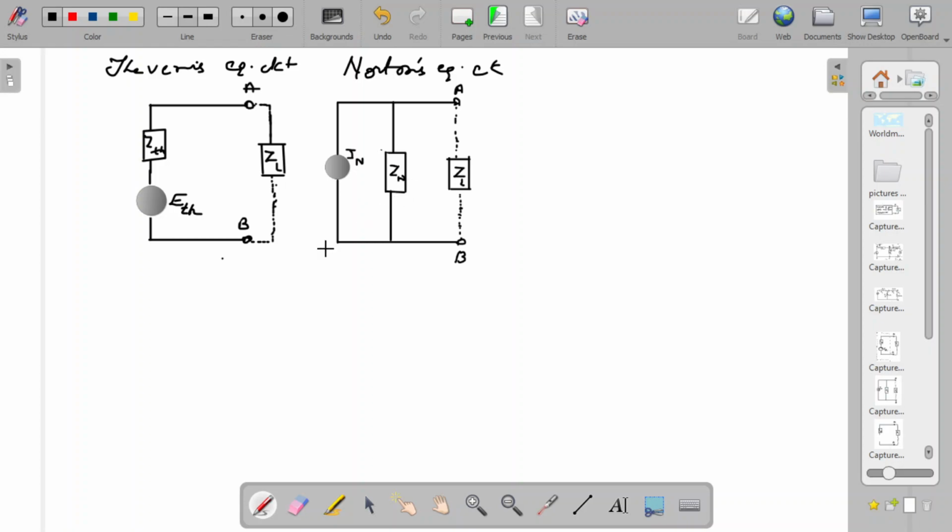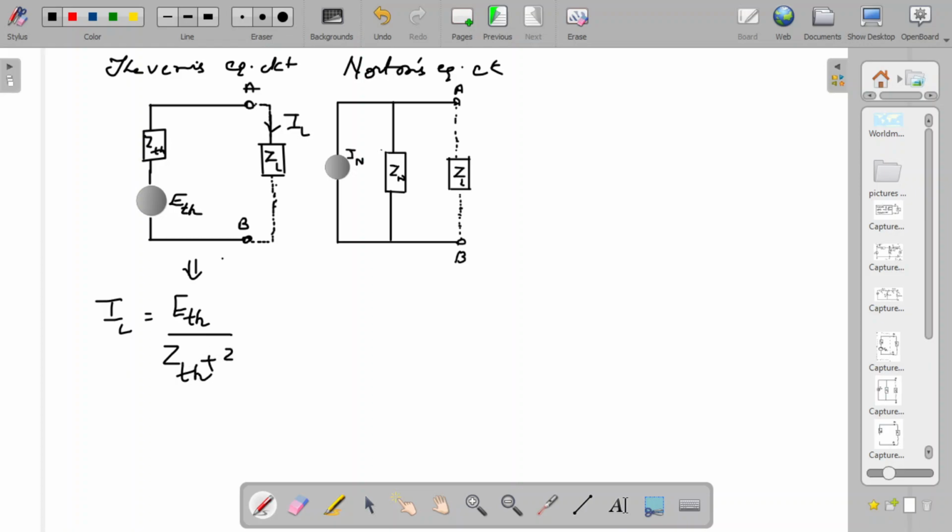Now we have already derived the current flowing through the load resistance IL in the Thevenin equivalent circuit in the previous session: IL is equal to ETH divided by ZTH plus ZL.